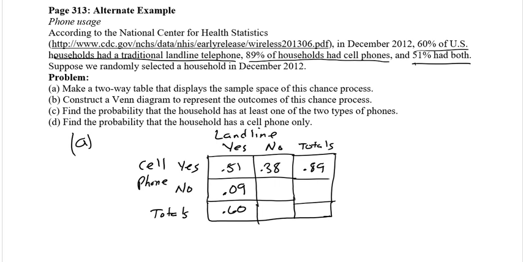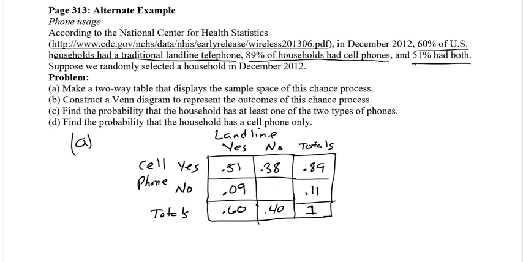The total has to be 100%, so this has to be 0.11, so that those two add up to 89% and 11% make 100%. And then this last little one is 0.02.